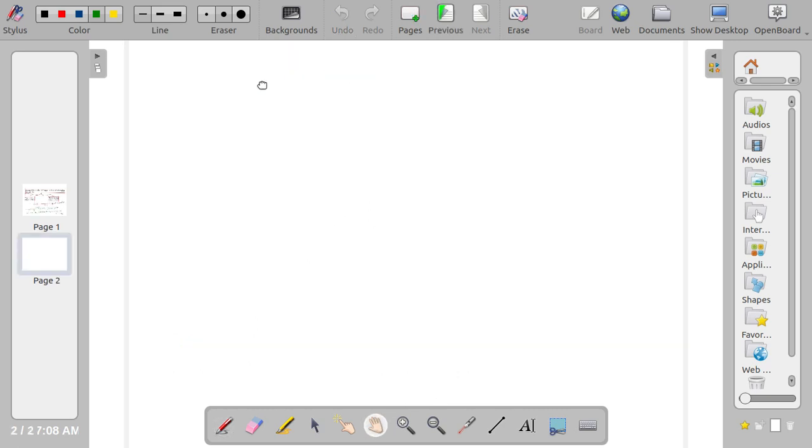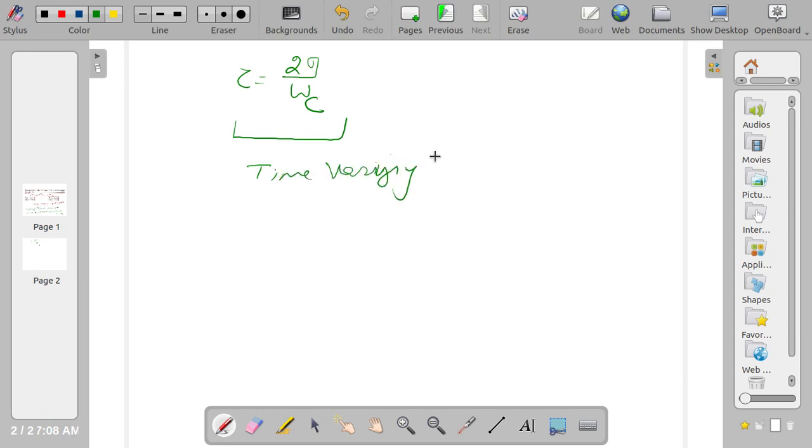So that means two pi by omega c, because omega c is the frequency, and if I take its reciprocal, then I will get the Larmor period. And another thing, if it is constant over the Larmor period, then it is known as time varying field.